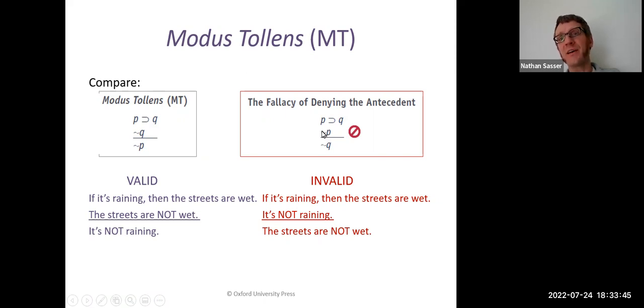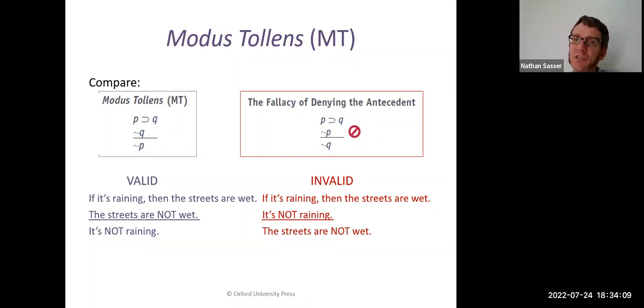In other words, instead of denying the consequent, you were denying the antecedent P, and then trying to conclude to the denial of the consequent. So if you make this concrete, if it's raining, then the streets are wet, but it's not raining. Therefore, the streets must not be wet. That doesn't follow, folks.